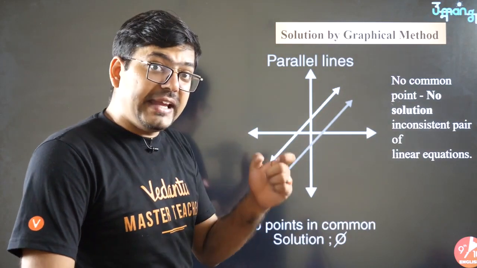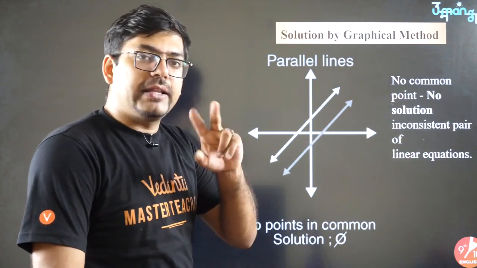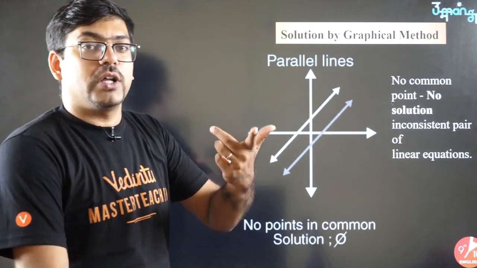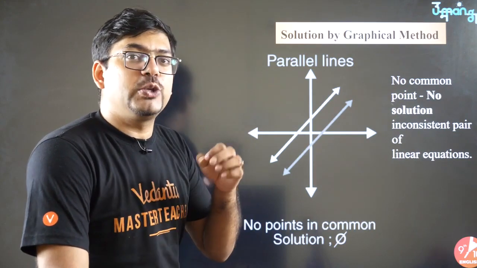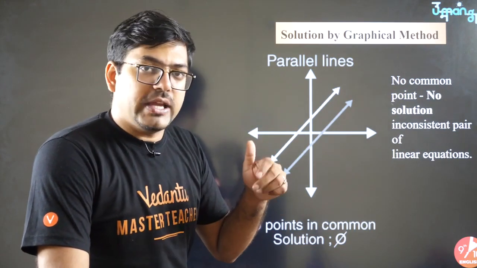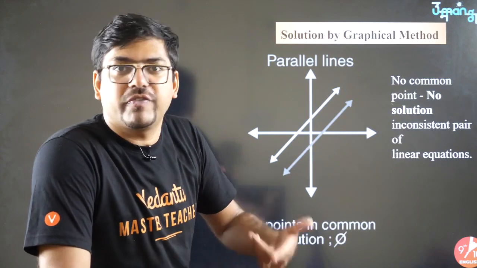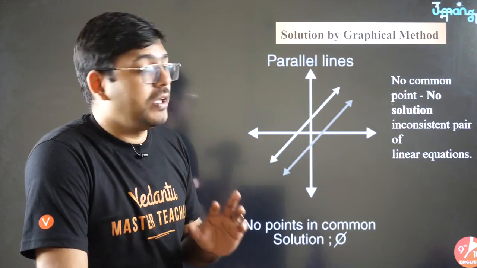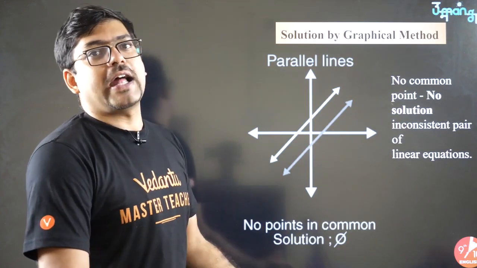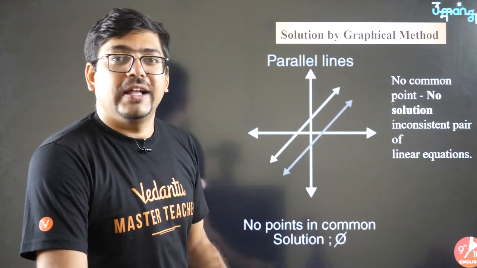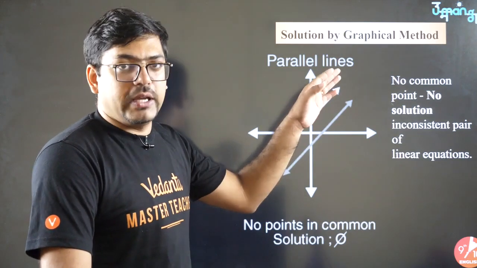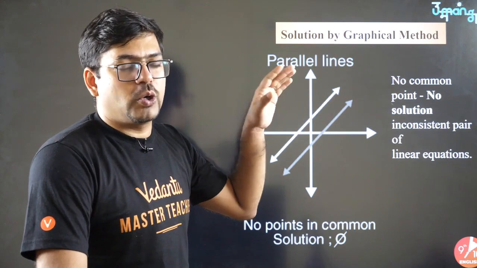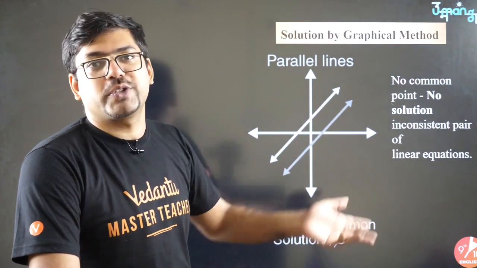Always remember, there are two words, consistent and inconsistent. Consistent always means that you will have a solution. So either the solution could be unique or infinite, but you will have a solution. Inconsistent simply means not having a solution at all, and that will be the situation of parallel lines, where you will have no solutions at all.